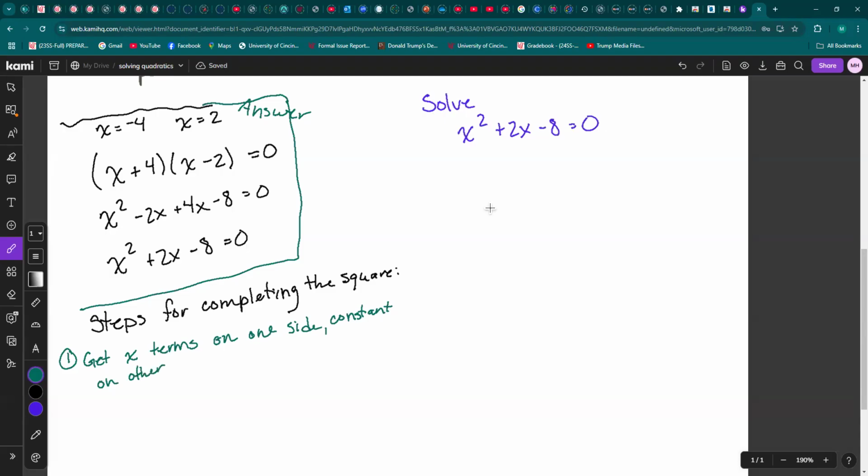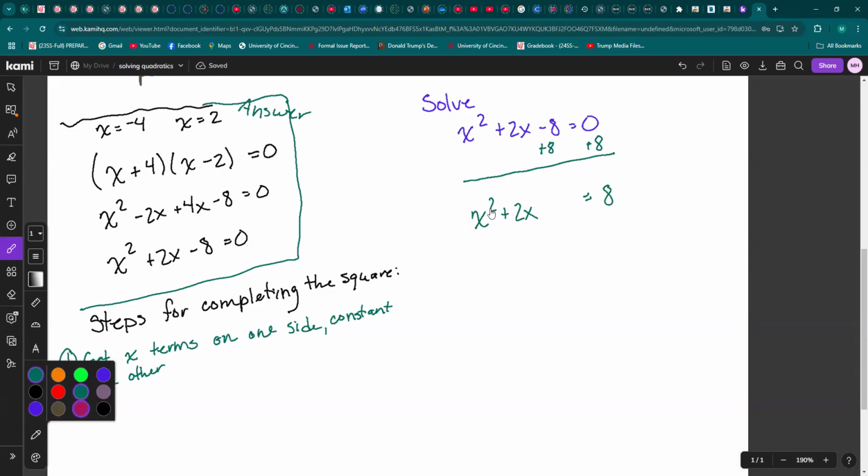Okay, so for that, my constant this time is -8, so I'm going to add 8 to both sides. So we're clearly not going to be using the zero property, but remember, we're going to do that x squared equals and be able to square root stuff. So I have x squared plus 2x equals 8. All right, so that's the first step.